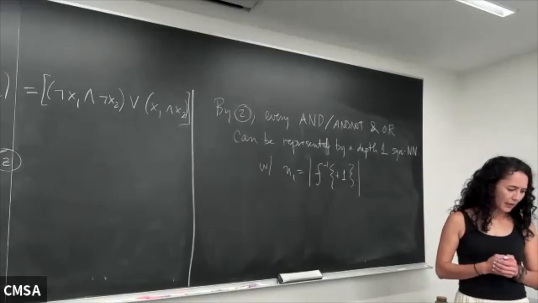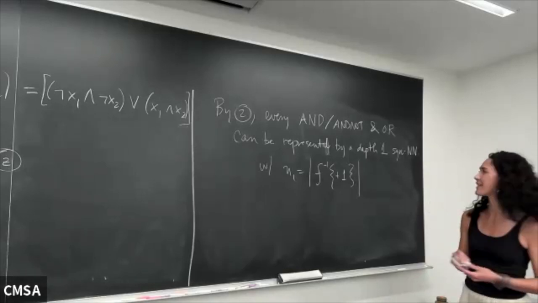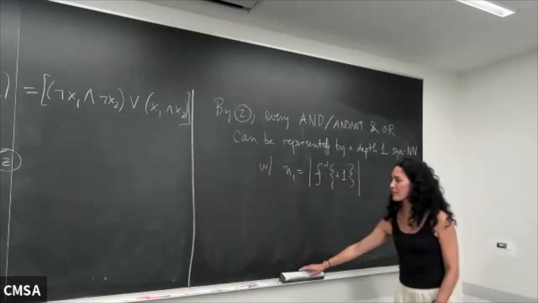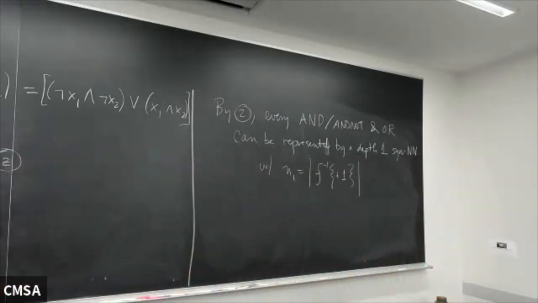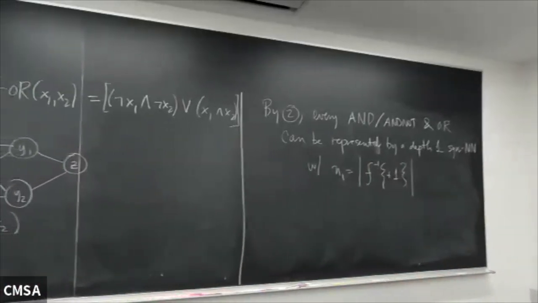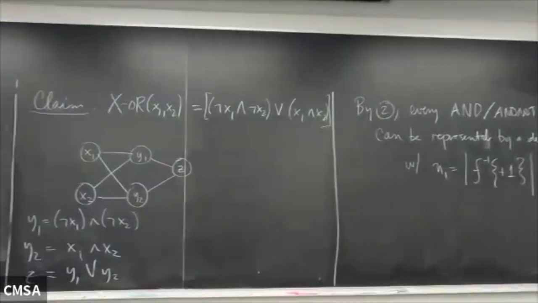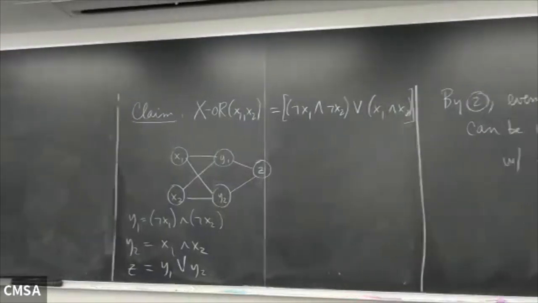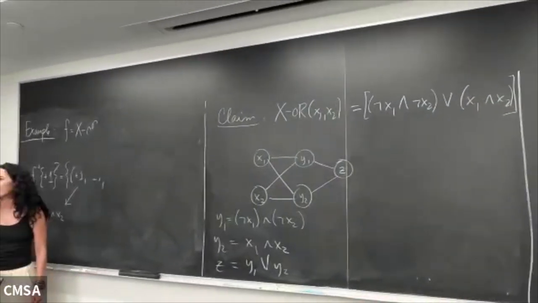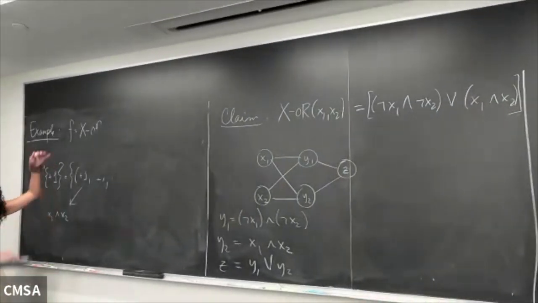Let's see. Okay, since I have a few minutes, this was actually where I was going to end, but it looks like I went faster than I thought I would. So I'll just tell you what you do if you have multiple outputs. You just stack a bunch of these together.